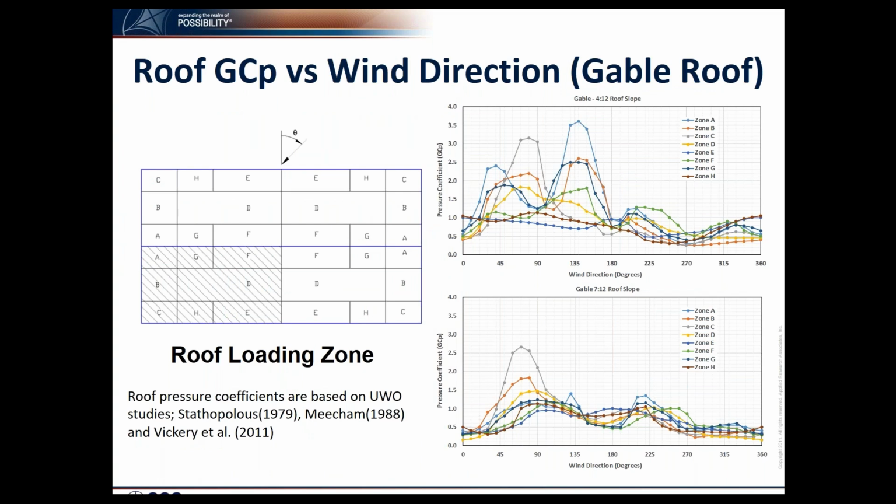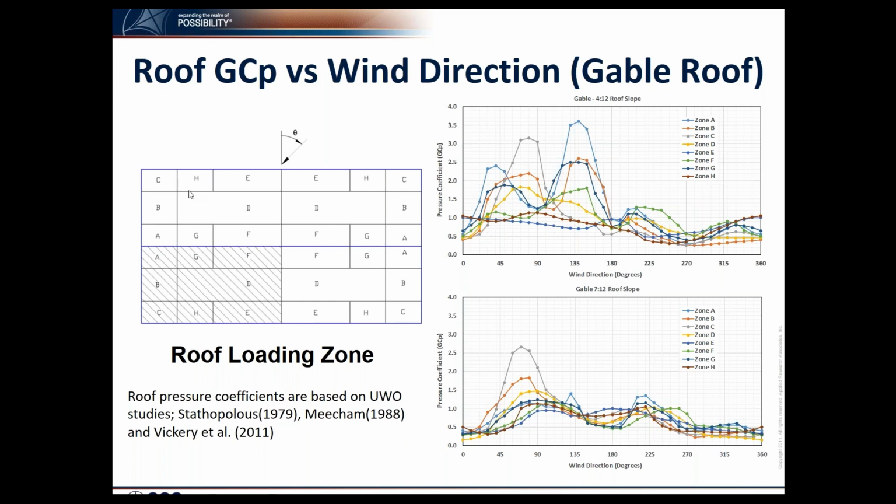So here is an example of how the wind load varies with respect to wind direction. This is showing a gable roof. So we divided a gable roof into 4 quarters, and each quarter we divided into 8 zones basically. And this plot shows the variation of wind pressure coefficient with respect to the wind direction.